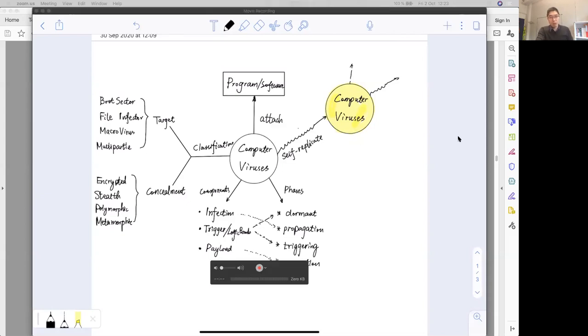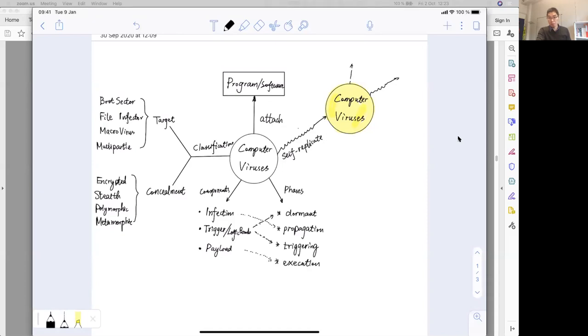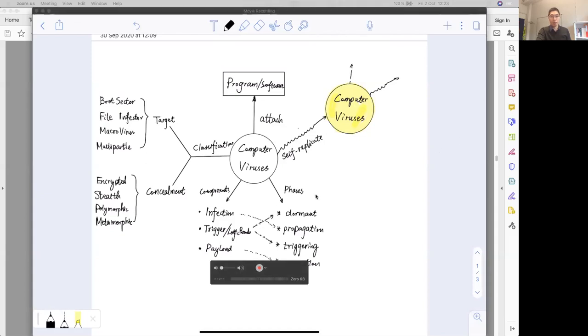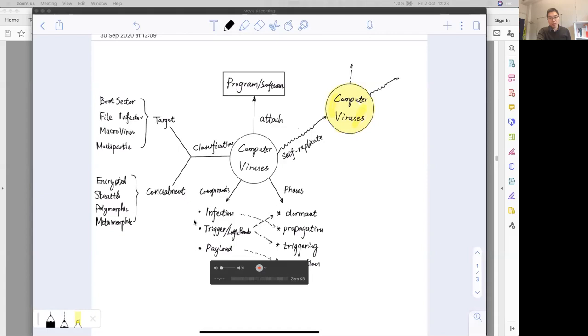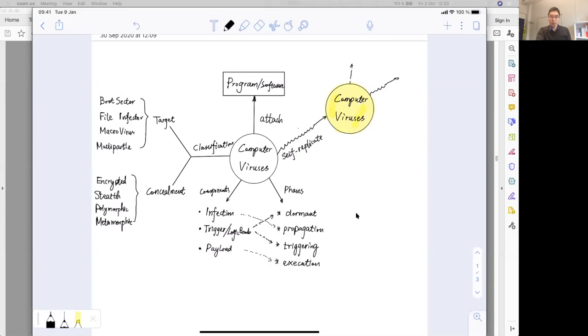In computer virus, considering its components and its lifetime phases, we have these three essential components of most computer viruses. The first is the infection part. The second is the trigger or logic bomb part. And the third one is the payload part. And these three parts correspond to the four different phases of a virus.